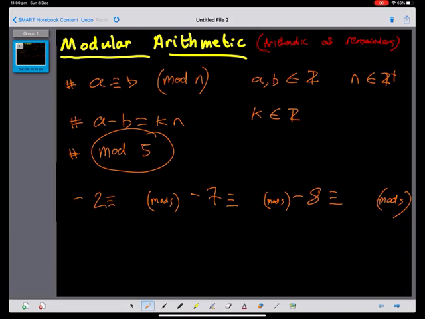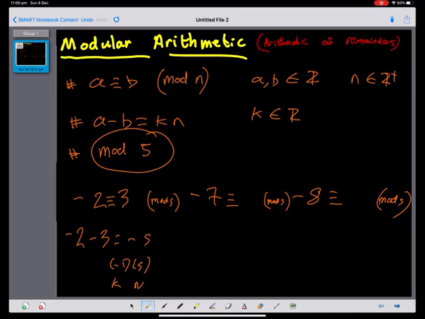We need to subtract something from the number to get a multiple of 5. Now, there are various answers. Remember, these are wraparound numbers. So one obvious answer here is -2 is congruent to 3, because -2 minus 3 is equal to -5, and that will give us a k of -1 and an n of 5. So this is k and this is n.